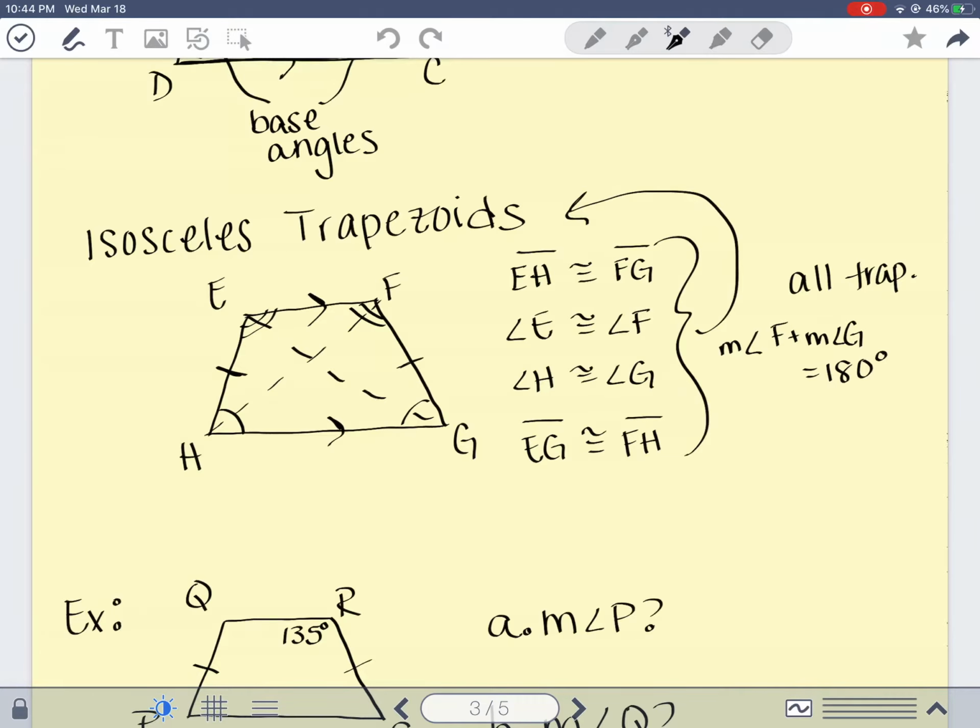And then the measure of angle E plus the measure of angle H is equal to 180 degrees. This is in all trapezoids, even up here. These consecutive angles that are not touching the same base add up to 180, so they are supplementary.